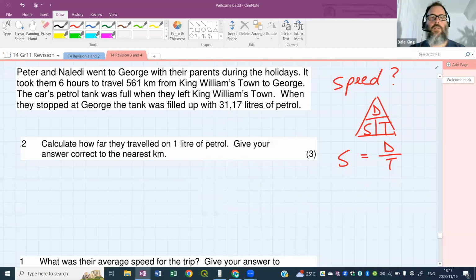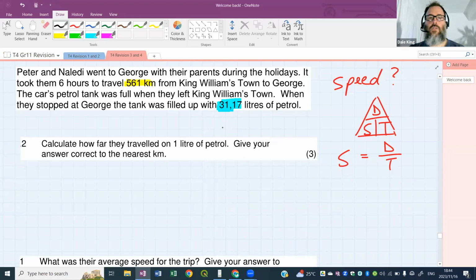All right, we've got answers coming through. I hope you guys are all trying this. How far on 1 liter of petrol? Give your answer correct to the nearest whole kilometer. The car traveled 561 kilometers and used 31.17 liters of petrol.